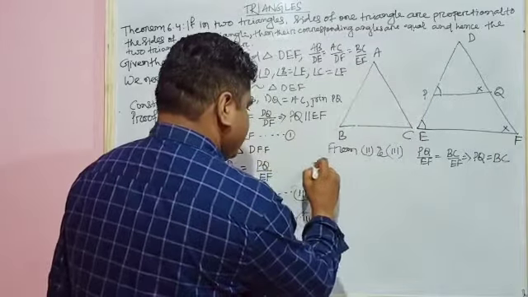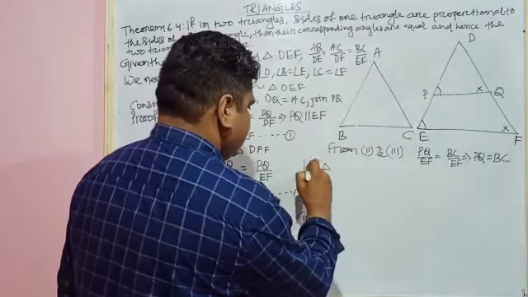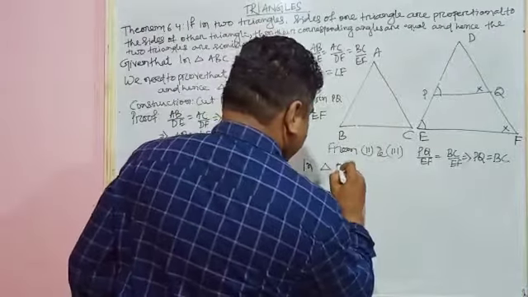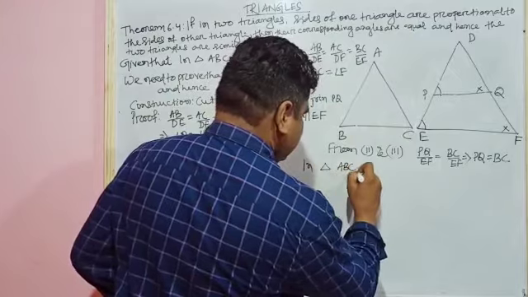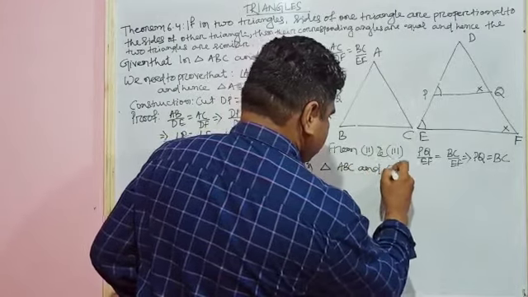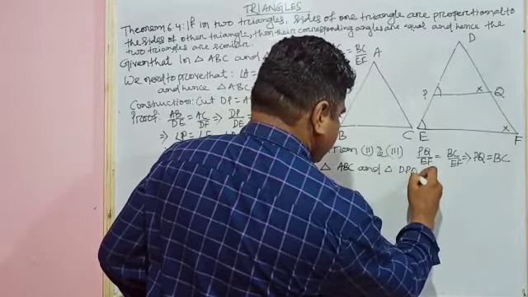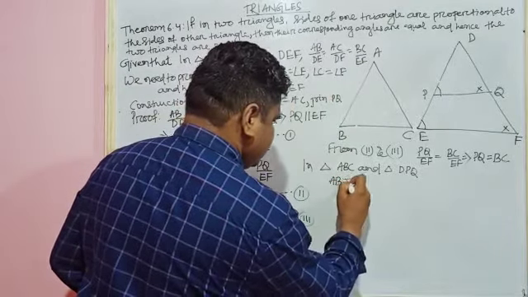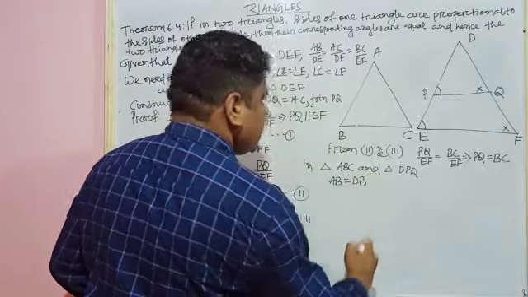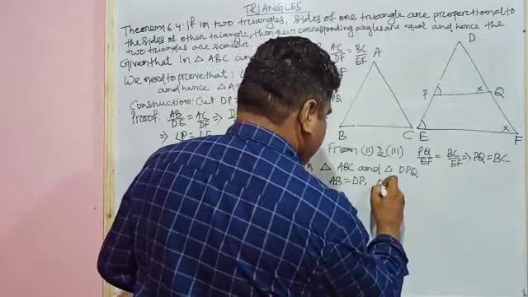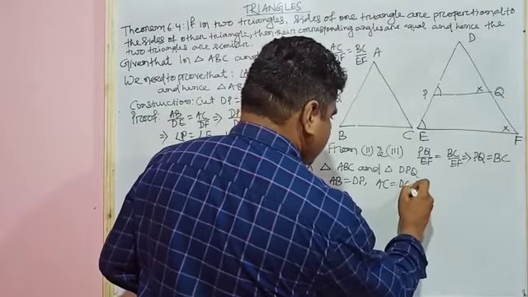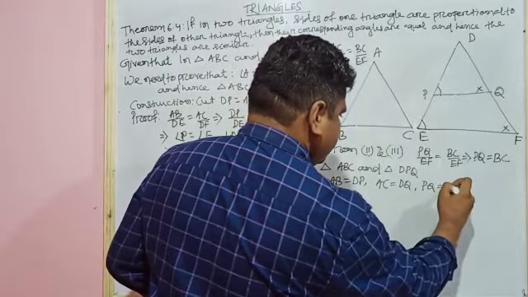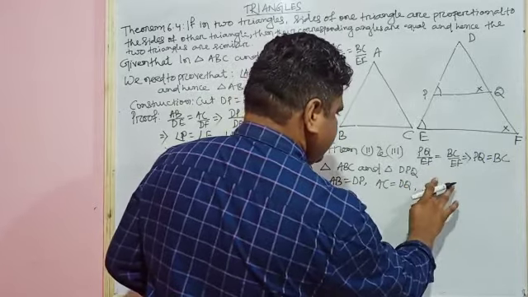Now comparing triangle ABC and triangle DPQ, what are equal now? AB equal to DP by construction. AC equal to DQ by construction, and we have proved PQ equal to BC.